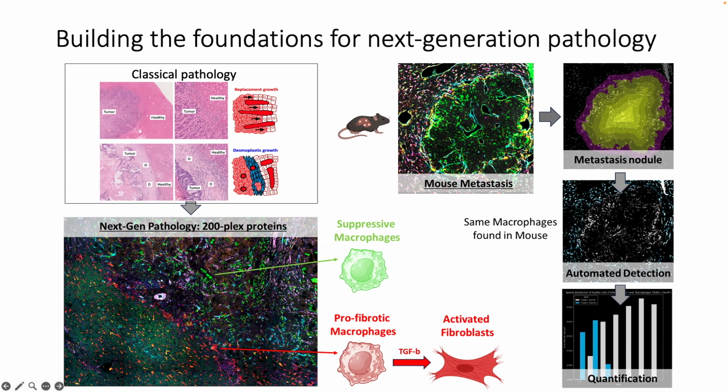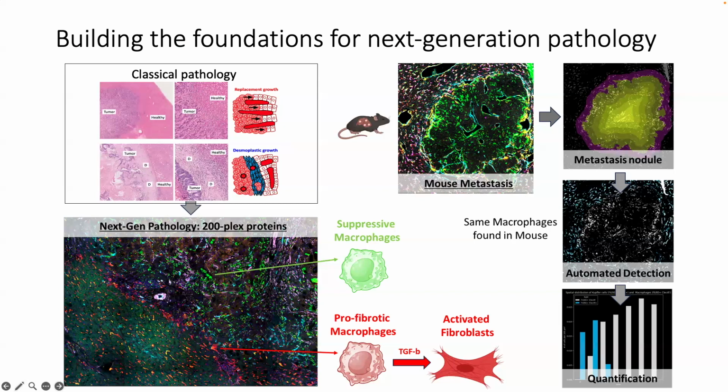Now, if you go from these classical stains to what we call next generation pathology, this is a 200-plex spatial proteomics example that we did using the Maxima platform. That will give you a huge wealth of information for all the different cell types. Now you can look at single cell resolution. You can see this region at the bottom left, where you have these red colored cells, which are profibrotic macrophages.